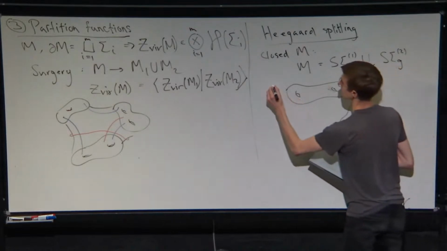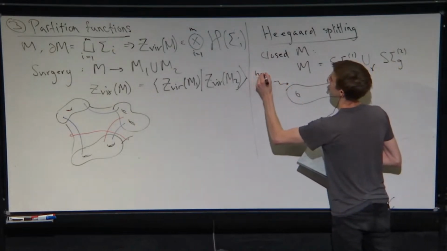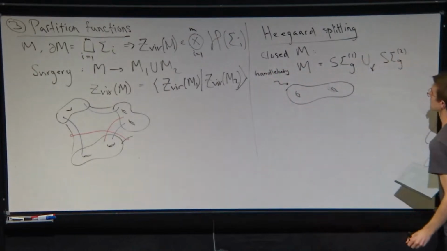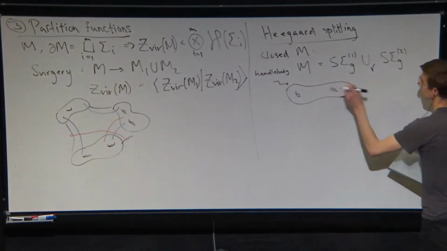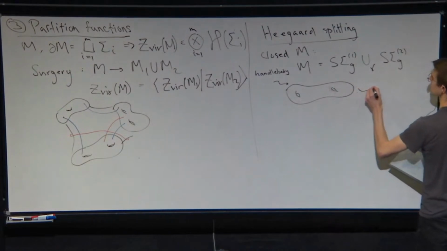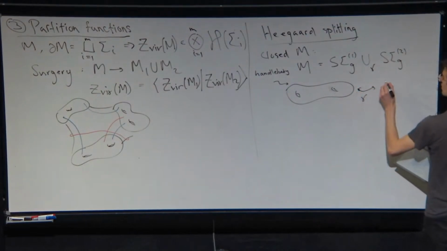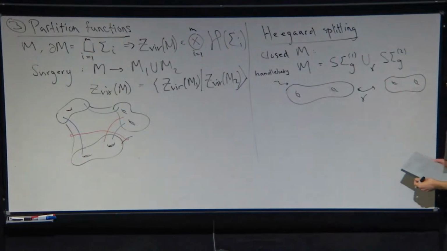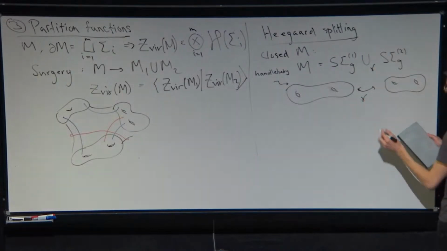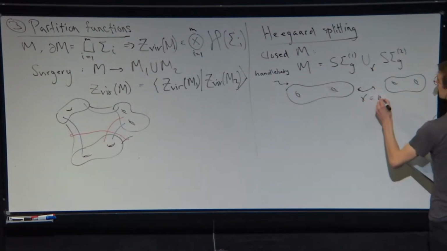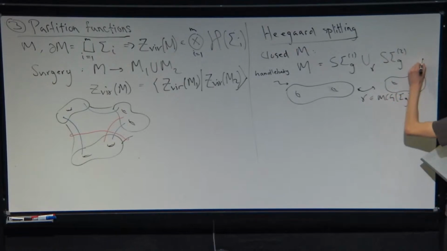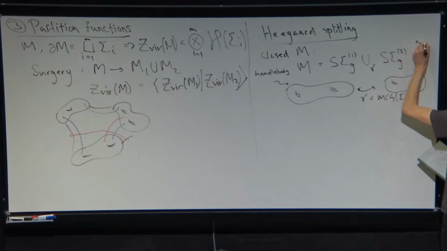So maybe I'll write the word handlebody. And it's a non-trivial fact that closed three-manifolds admit a decomposition into two handlebodies, perhaps up to some modular transformation acting on the boundary. Here, gamma is an element of the mapping class group of this boundary surface, which is called the splitting surface.